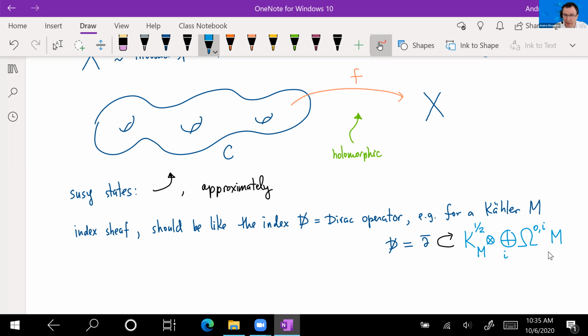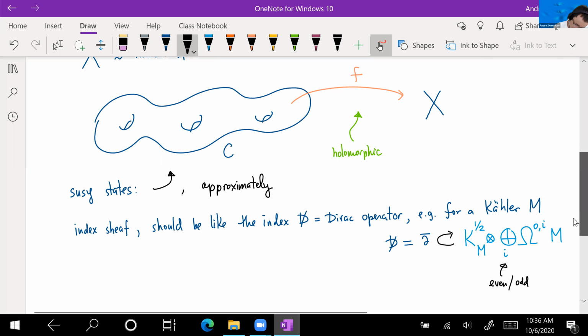These are differential forms that are only in anti-holomorphic variables, so d-bar acts on this, depending on whether i is even or odd. We get the even and odd parts, and the fermionic grading is whether this is even or odd.